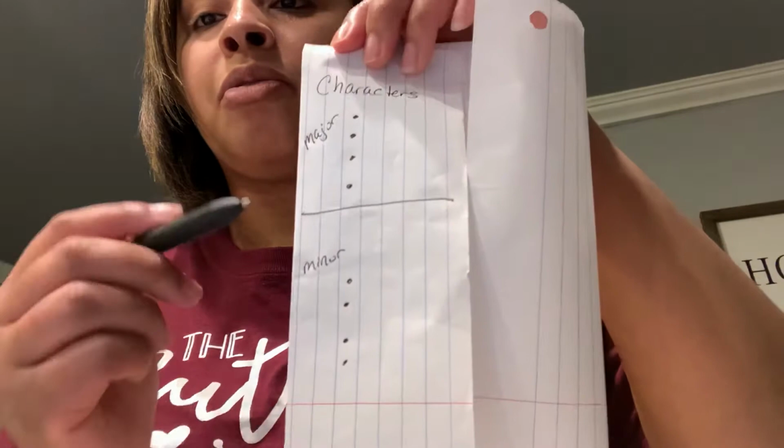So I'm going to write major at the top, and I want to draw a line, and I'm going to write minor at the bottom. And actually, I'll give you some bullet points here. Okay, so 4 major, 4 minor.